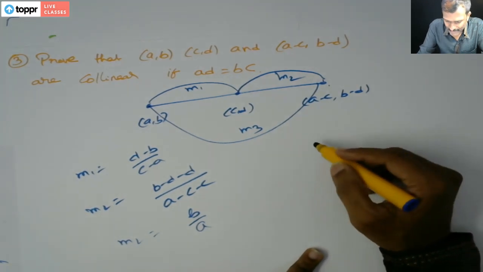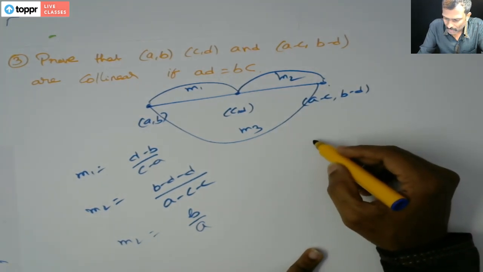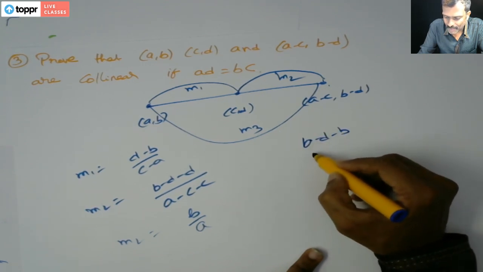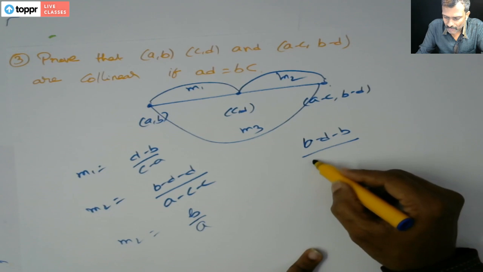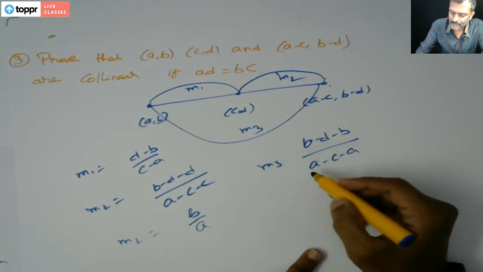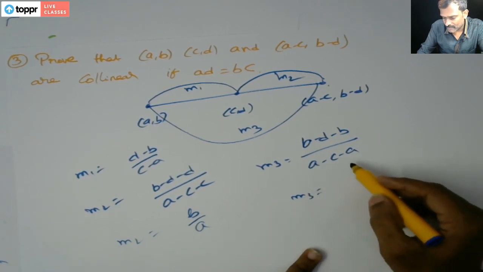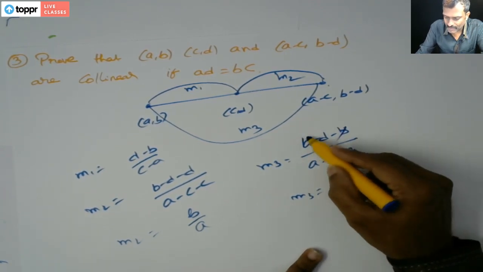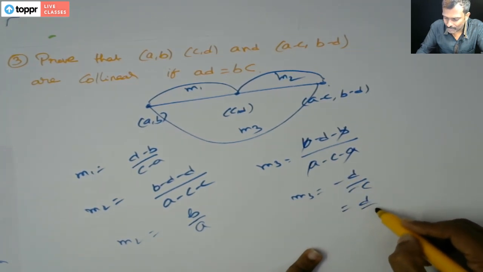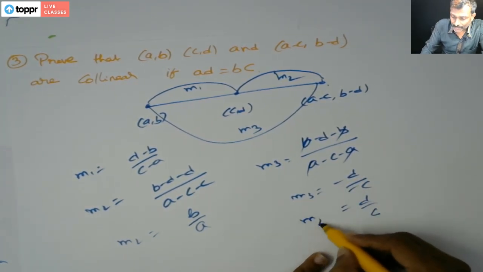So let us try to find M3 also. Here B minus D minus B by A minus C minus A is the slope M3. If you look at this, this value is minus D by minus C, which is equal to D by C. This is M3.